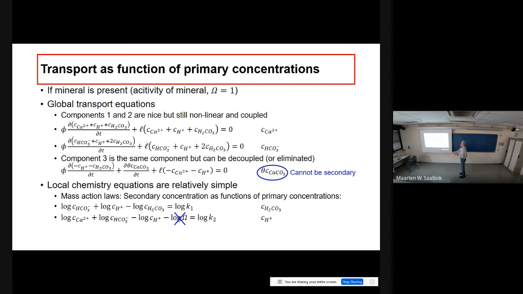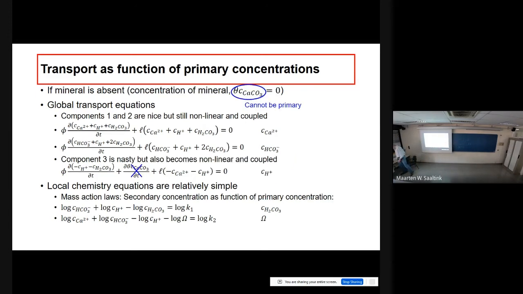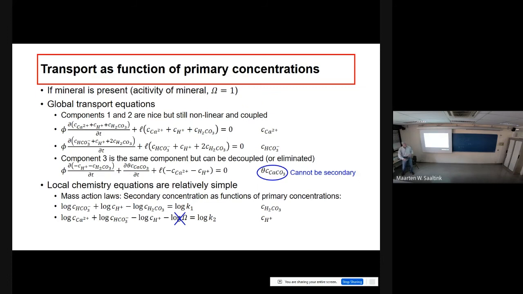And then I can do something similar, but of course I have to change the primary species. Instead of calcium, bicarbonate, H+, of course this cannot be primary in this case, because it's already 0. But in the other case, I do have to use it because I want to calculate it. So I have to put it somewhere, for a certain component.